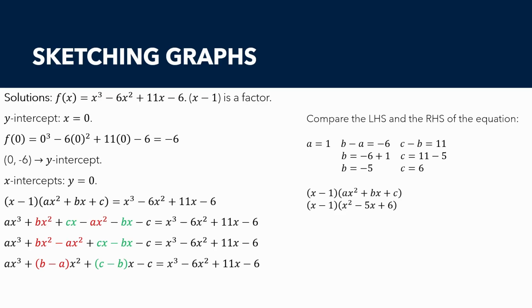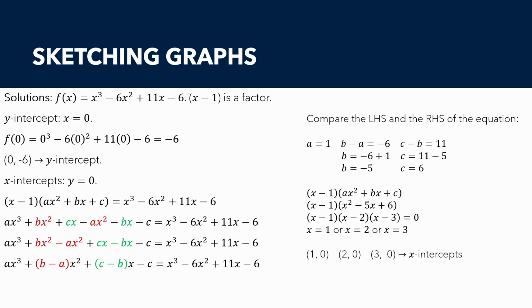That will leave me with the following expression, x minus 2, x minus 3. I need to equate them to 0 because I'm trying to find the x-intercepts. Hence, x is equal to 1, or x is equal to 2, or x is equal to 3. And now I have my x-intercept coordinates: (1, 0), (2, 0), and (3, 0).